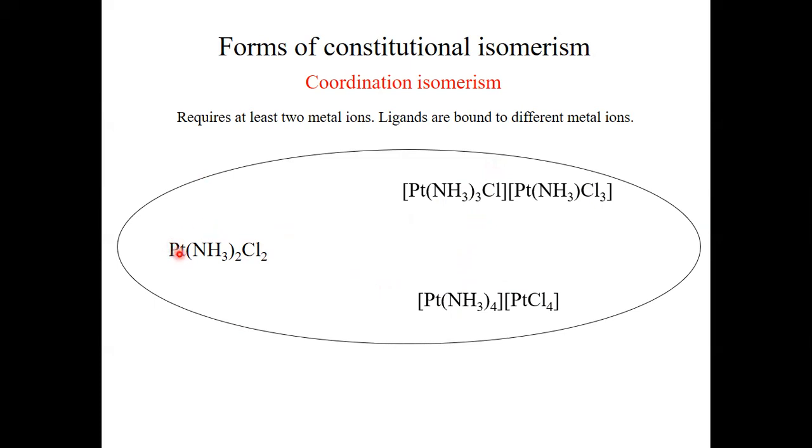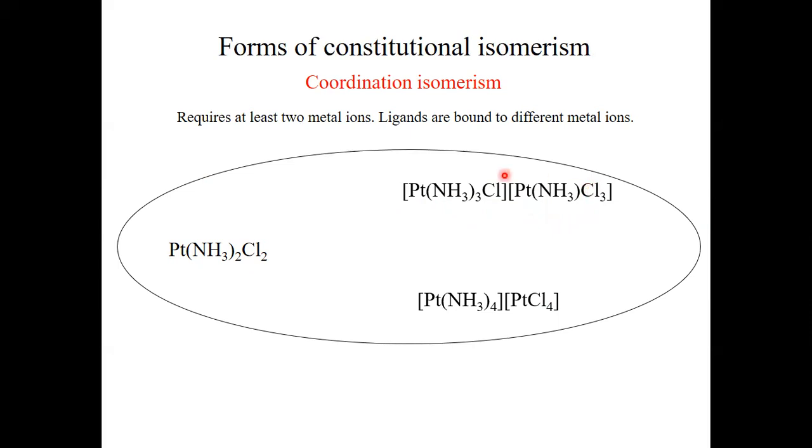So for this isomer here, we have 1 platinum, 2 amines and two chlorines. So the empirical formula would be PtN2H6Cl2. Now, what about this one? Here we have 2 platinums, overall 4 amines, and overall 4 chlorines.